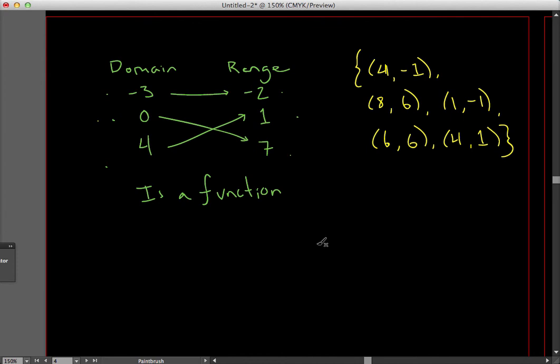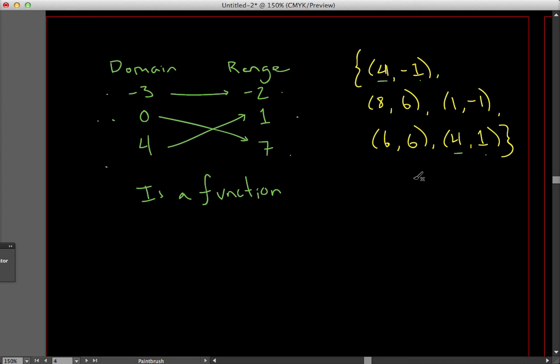All right. So if each x coordinate must correspond to only one y coordinate, is that the case here? Well, I can see that we do have an x coordinate that is showing up twice in these ordered pairs. We have a 4 here and we have a 4 here. The 4 here in the x coordinate is corresponding to a -1 in the y, and the 4 here is corresponding to a +1 in the y.